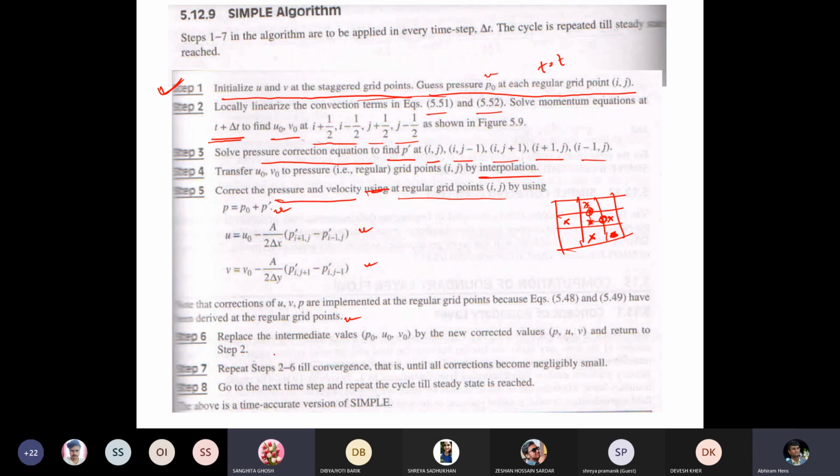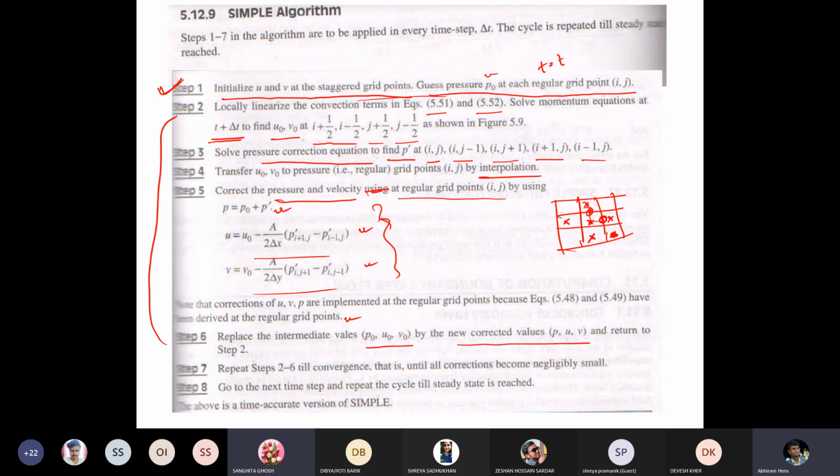Now replace the intermediate values p0, u0, v0 that we have initialized by the new corrected values of p, u, v. So after solving these three equations, p equal to p0 plus p dot, u equal to this one, v equal to this one, you replace that estimated value which we took earlier with this new value and return to step 2.